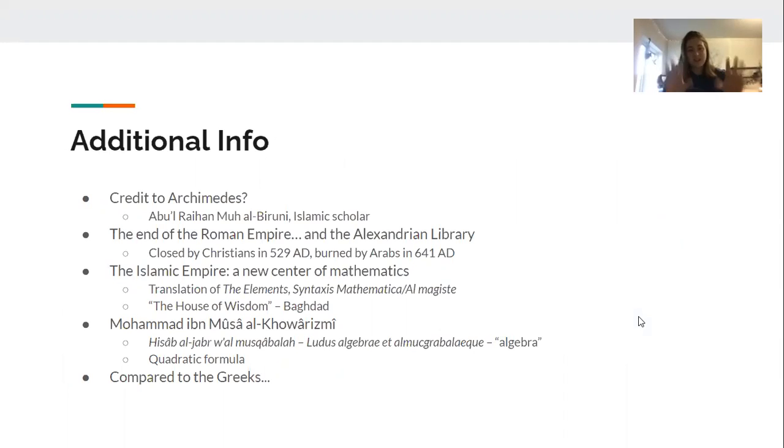Awesome. So this is going to be just a last bit of additional info. There's a lot of big words and another language on this slide that I'm not going to try and pronounce. But essentially there's this Islamic scholar who credited this formula, Heron's formula, actually to Archimedes, which, who knows, maybe it was him, maybe it wasn't, but Archimedes has enough credit going for him, so why not give Heron the spotlight for a little bit?